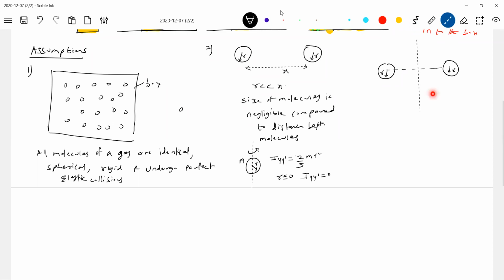And then I want the moment of inertia. Let this distance be x and the mass of each molecule be m. What about the moment of inertia here?